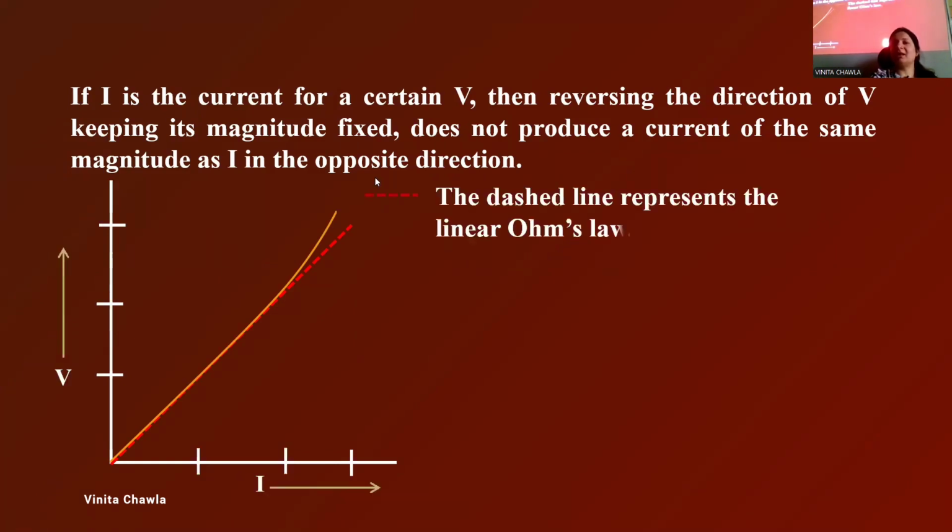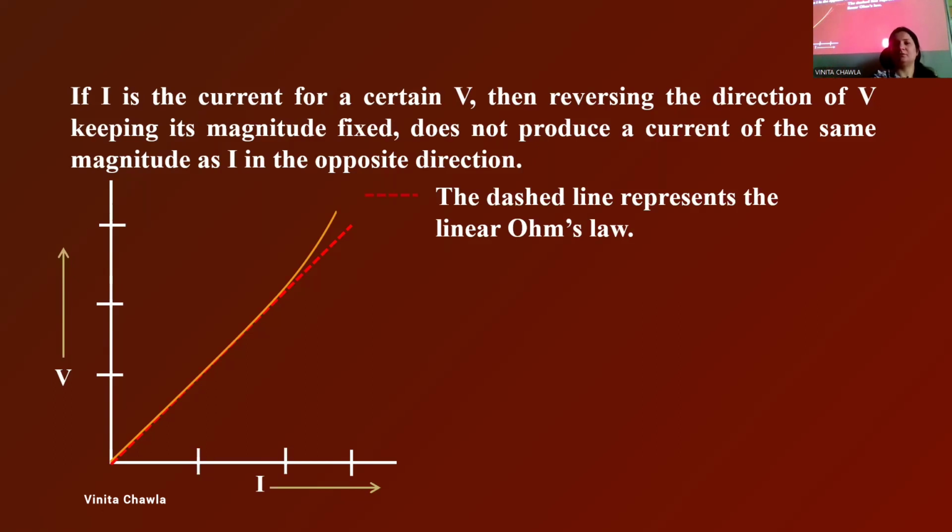So this dashed line represents the linear Ohm's law. मतलब theoretically this is Ohm's law. But practically the line is a little curved. For higher values of potential difference and current, it is not linear. It is slightly curved from the straight line graph.